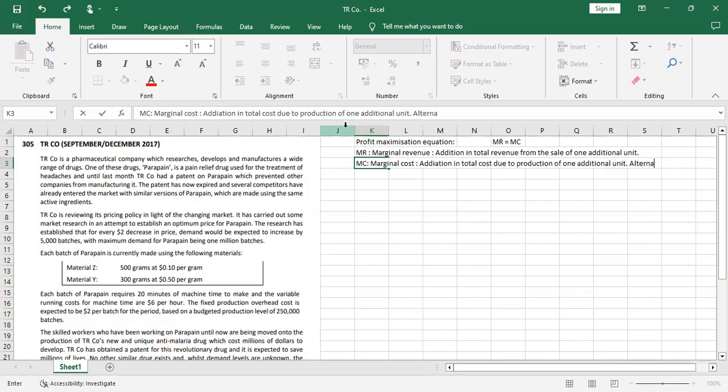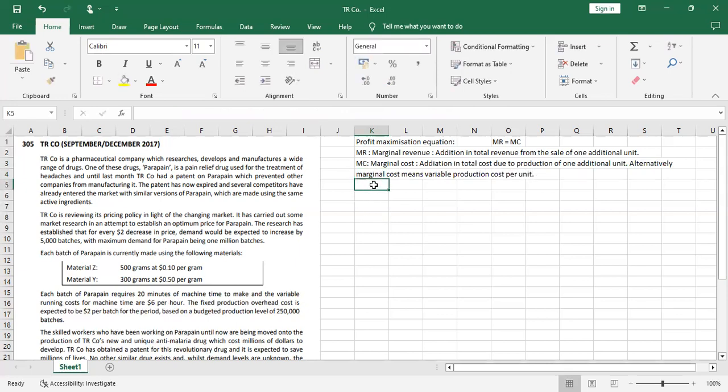Alternatively, marginal cost means variable production cost per unit. Now what is this variable production cost per unit? Variable production cost per unit is equal to direct material plus direct labor plus direct expenses.